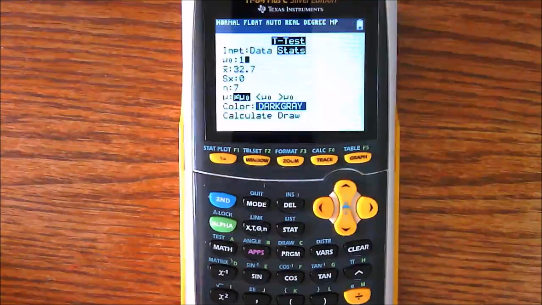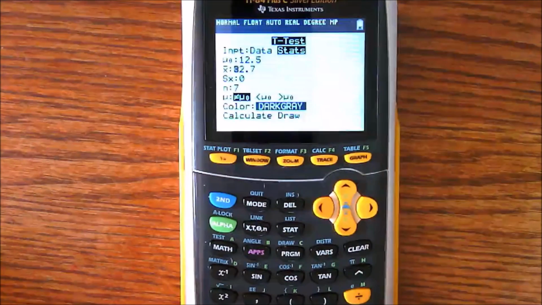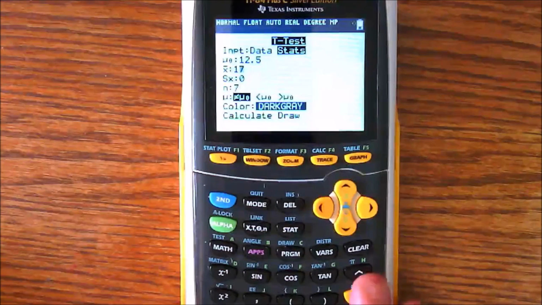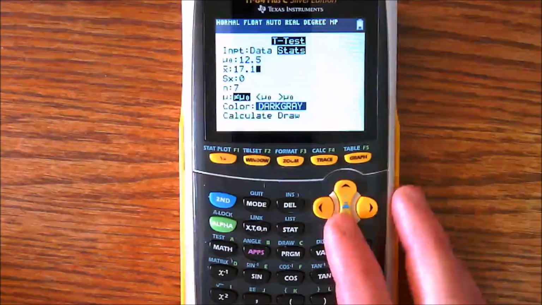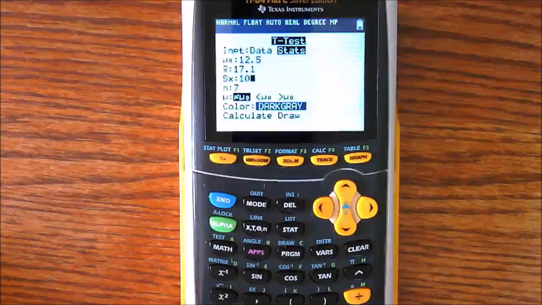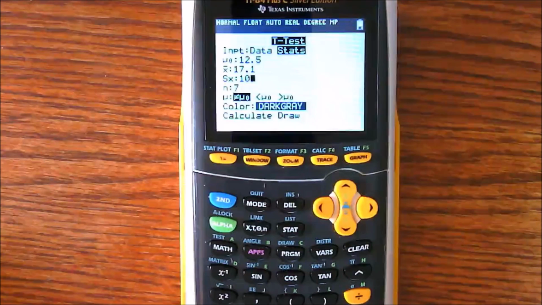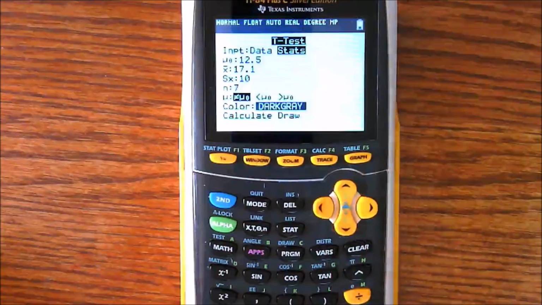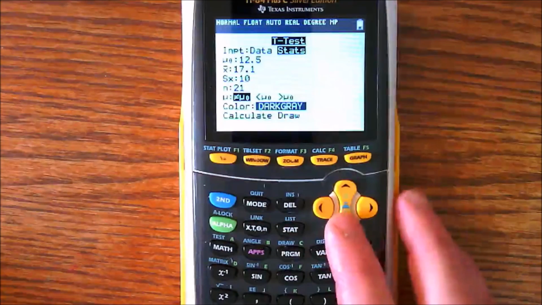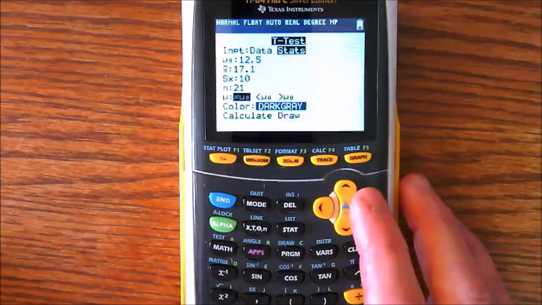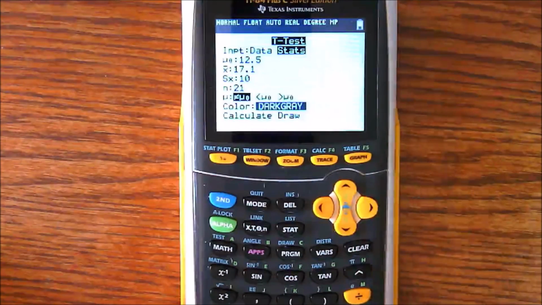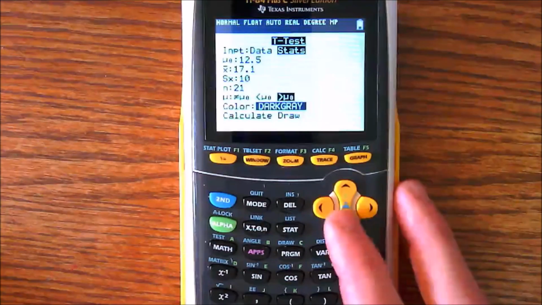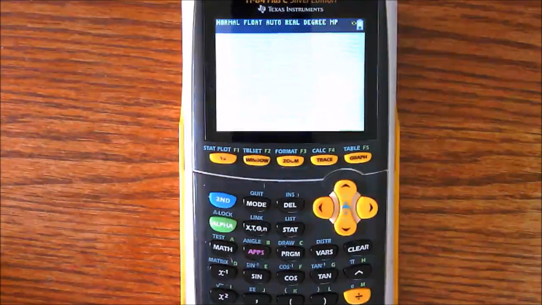The mu it gave us as 12.5. The sample mean I got at 17.1. The sample standard deviation I had was like 9.999, might as well make it 10. Sample size was 21, and we were testing to see if it was greater than 12.5 weeks. So we're going to change it to greater than and then calculate.